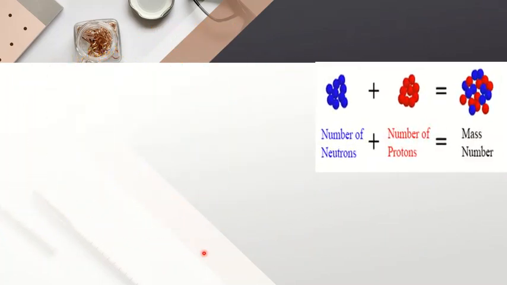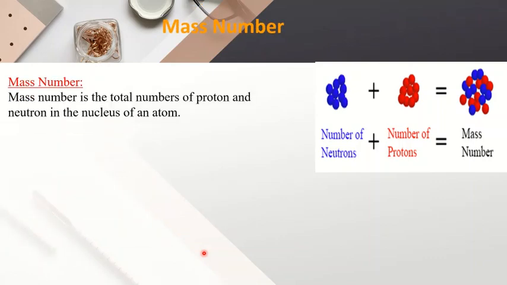Now, mass number. Atomic number is the proton number, but mass number is the summation of proton and neutron number. Mass number is the total number of proton and neutron present in an atom. So, what is mass number?